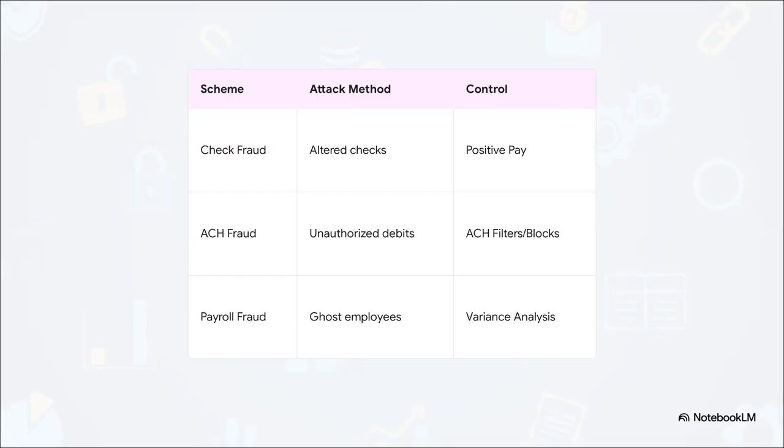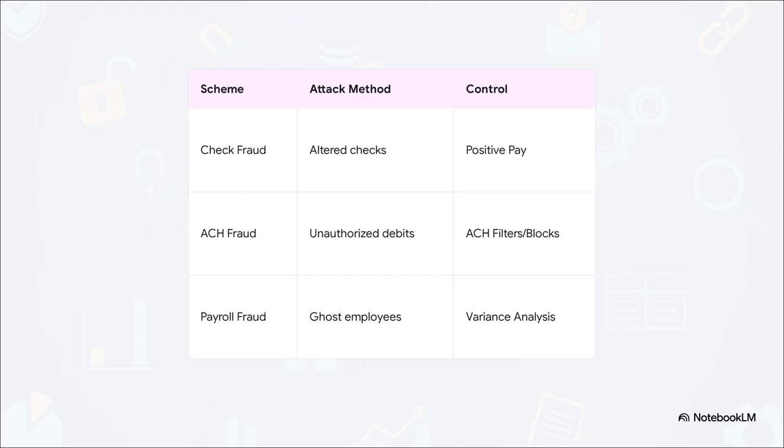And this strict matching of a specific threat to a specific defense applies to other common attacks as well. Let's look at check fraud, where criminals alter or counterfeit checks. The key control here is positive pay. It's actually brilliant. You send the bank a list of every single check you issue, and if someone tries to cash a check that isn't on your list, the bank just automatically rejects it. Boom, stopped.